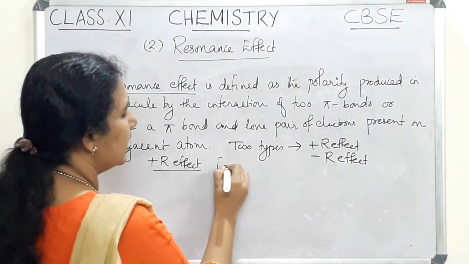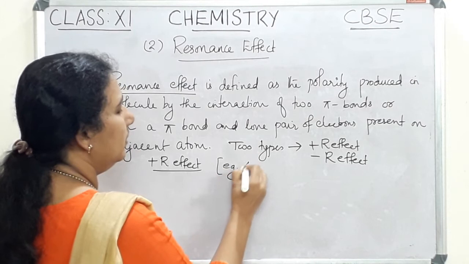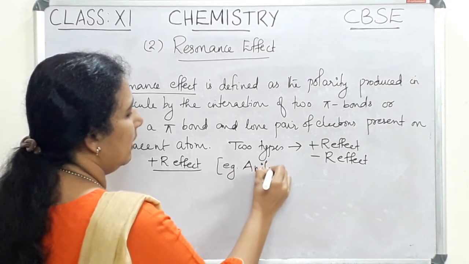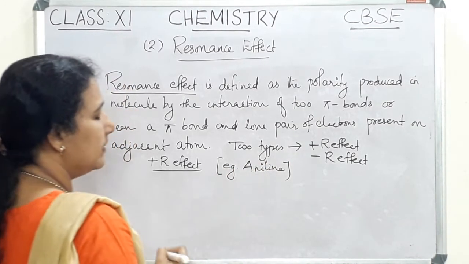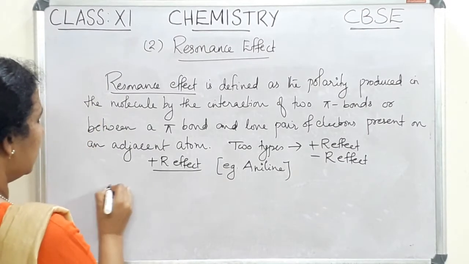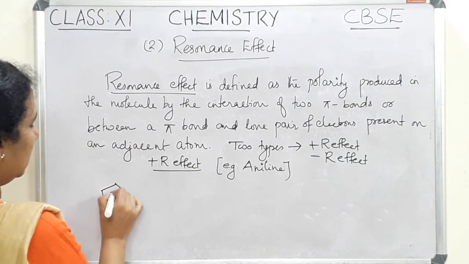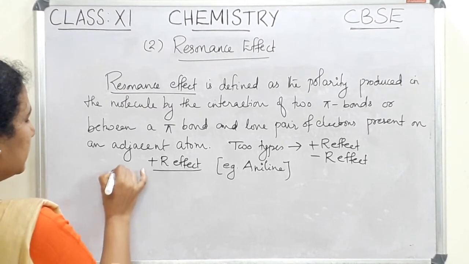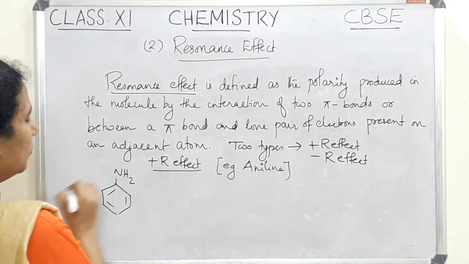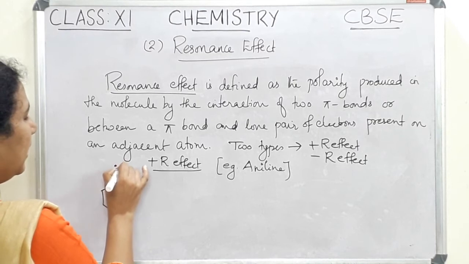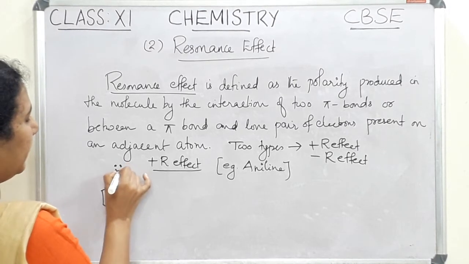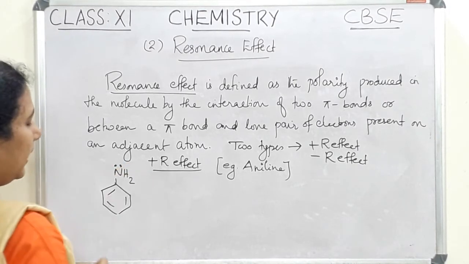For this we will take an example as aniline. Aniline is an example which shows positive resonance effect. So we can draw aniline first. In the case of aniline, an NH2 group is attached to the benzene ring and we know that one lone pair is there on the nitrogen atom.